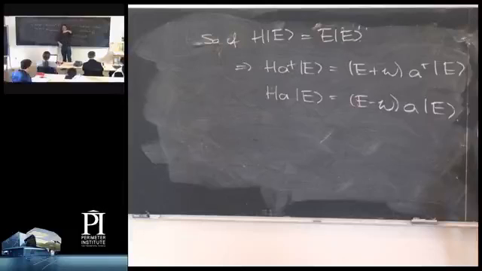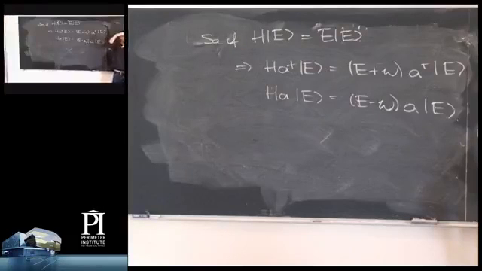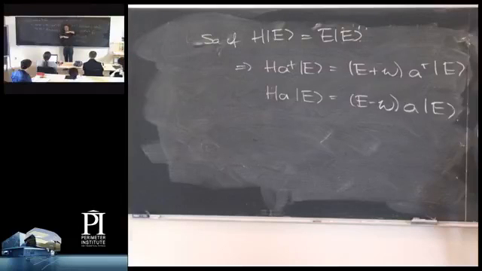If there's one with energy E, there's another one with energy E plus omega, and another with E plus 2 omega, and so on. And there's one with energy E minus omega, and E minus 2 omega, and so on. But at some point, if we want a spectrum which is bounded below, this had better stop. And this stops only if A acting on one state vanishes, so that we don't have another state to go to.